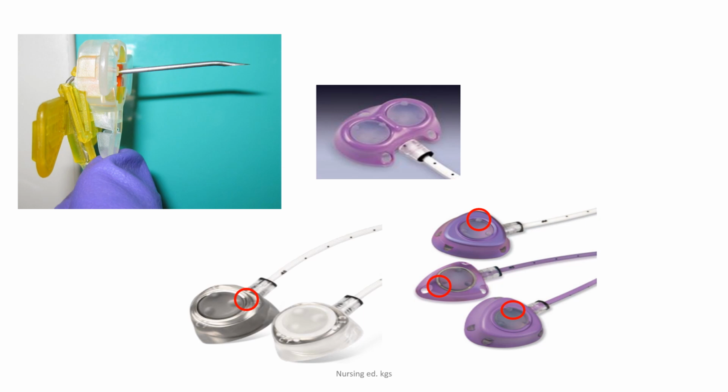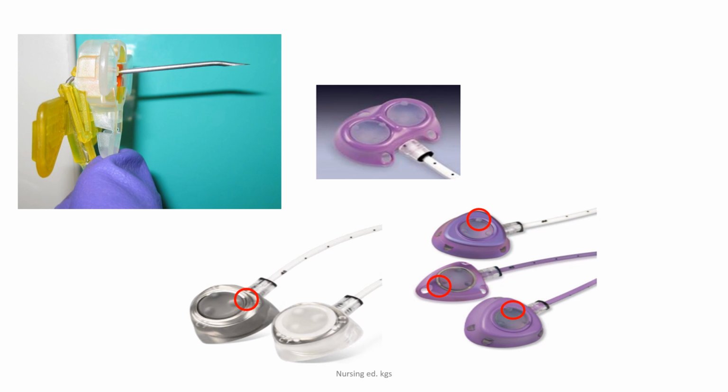These implanted ports must only be accessed by non-coring point needle. The septum will have 3 palpation points where you'll be able to feel or demarcate when it is that you're trying to access this device with the non-coring needle.